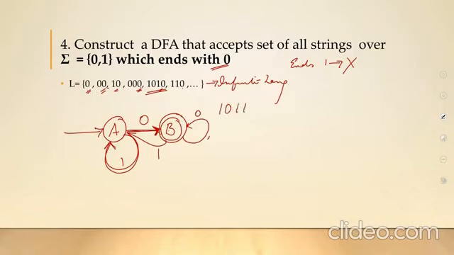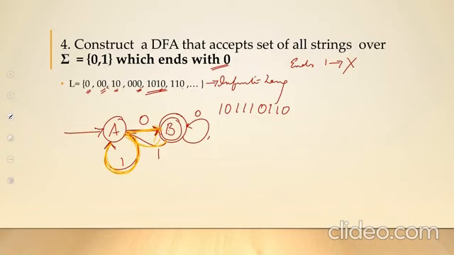Let's think of any random string, something like 1, 0, 1, 1, 1, 0, 1, 1, 0. Any random thing which ends in 0. Let's see if it satisfies. You think of any random string ending in 0, it will be satisfied.